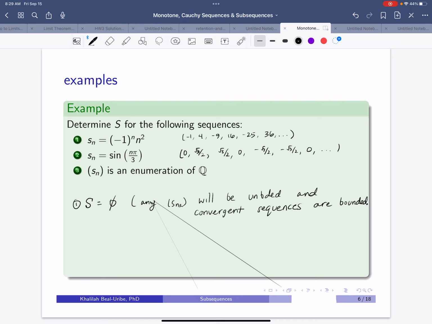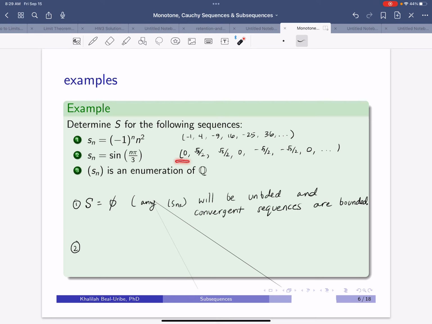But we can say that we could have a subsequence that diverges to minus infinity, and we can have a subsequence that diverges to plus infinity, right? So that's definitely the case. What about number 2?